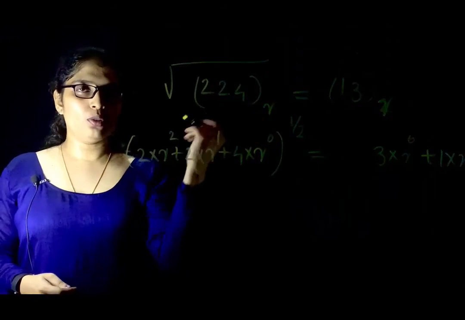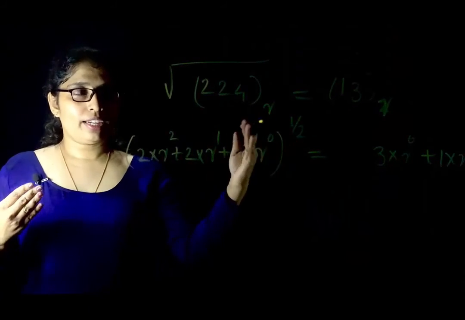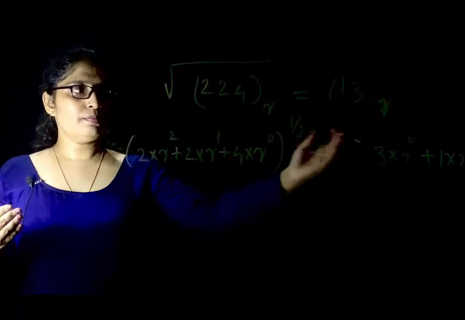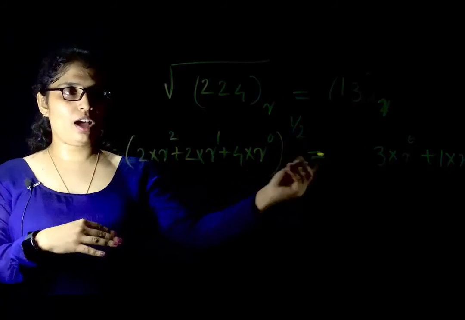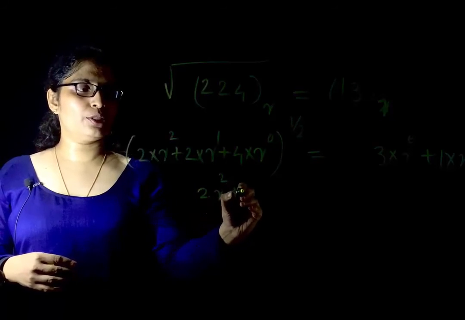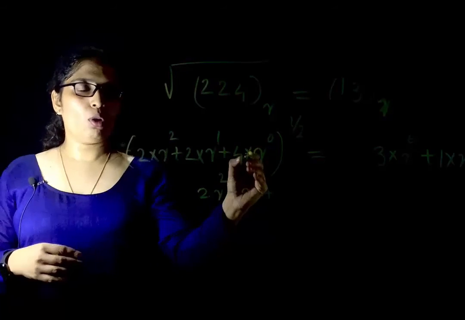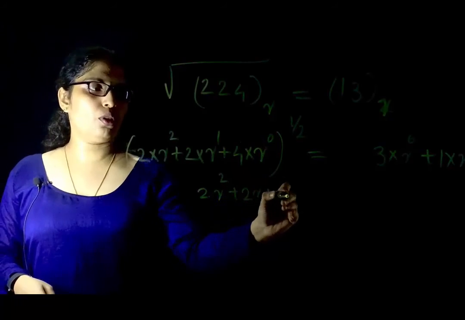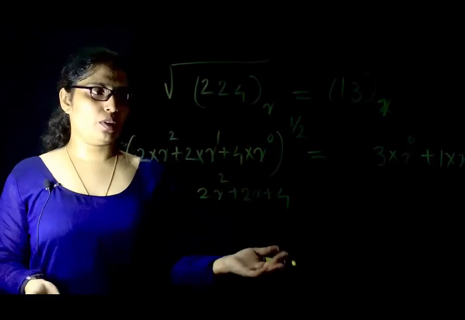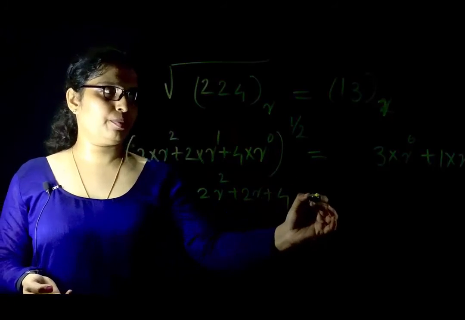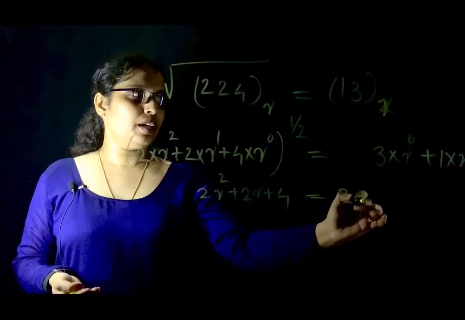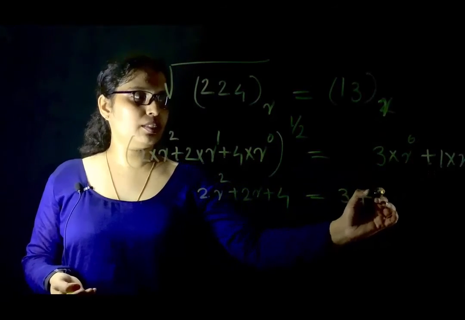How to avoid this half? For reducing the power term half, simply take the square of both LHS and RHS. Then it becomes 2R square plus 2R plus 4 into R raised to 0, and any term raised to 0 is 1, so 4 into 1 is 4. On the right, 3 into R raised to 0 is 3, plus 1 into R raised to 1, that is R.